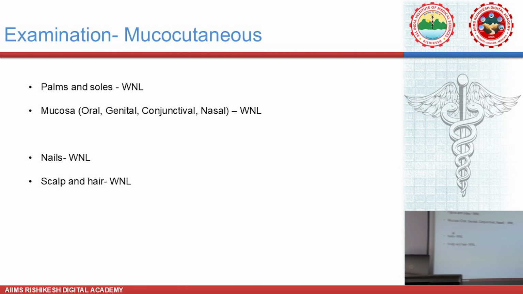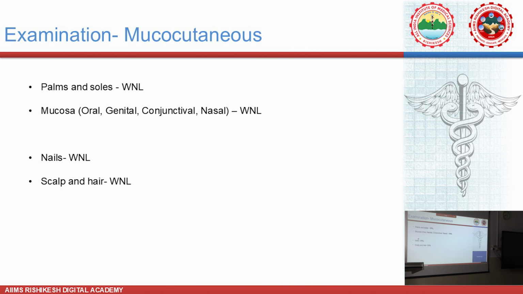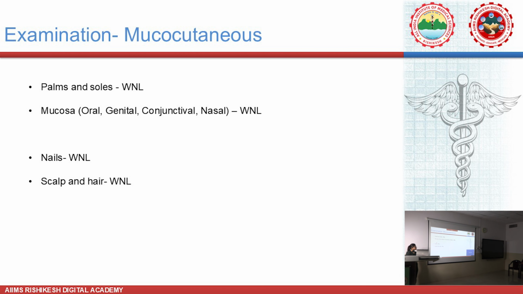So when you say palms and soles not involved, mucosa not involved, nails not involved, does it have some connotation in terms of establishing a diagnosis? Yes, sir. For example, palms and soles are commonly involved in secondary syphilis. Okay. Mucosal involvement can be present in autoinflammatory disorders, and in other infectious causes it can be present, sir.